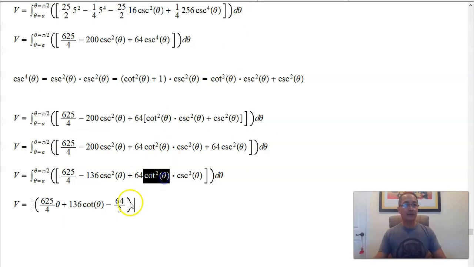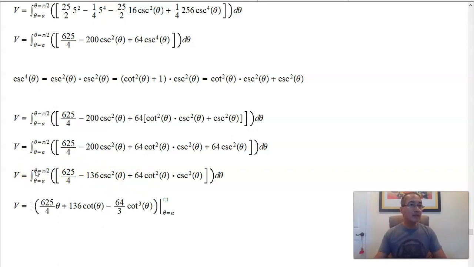So cotangent cubed over here. All right, and here are our limits. Lower limit of alpha and the upper limit of pi over 2. Just this part, please.